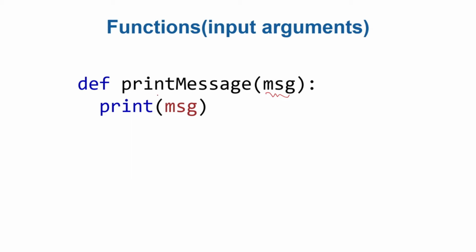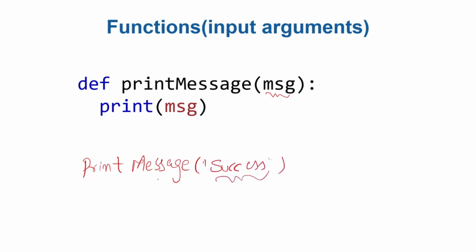Just take a simple example. Let's say rather than having a function print success, we have a function print message, and it prints whatever message it receives. At the call time, for example, we call this function like so: print message, and let's say we call this as success.